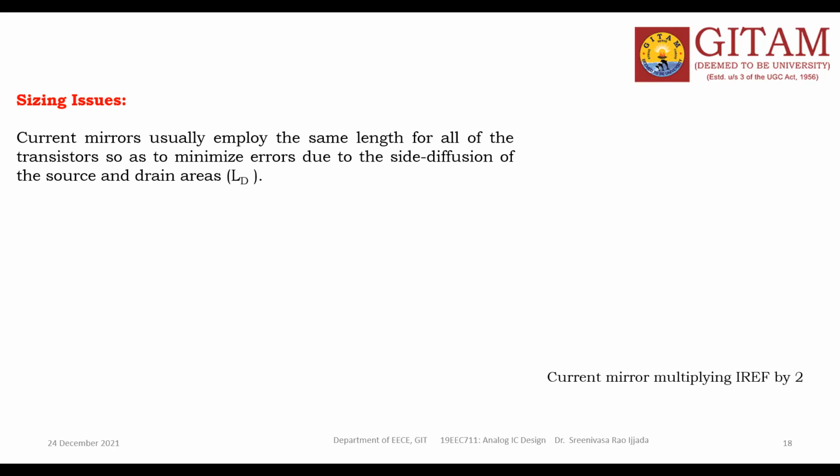In current mirror circuits, the length of each and every transistor is the same to avoid different LDs. What is LD? Lateral diffusion or sidewall diffusion. If the original length is L, then the effective length is L minus 2LD.